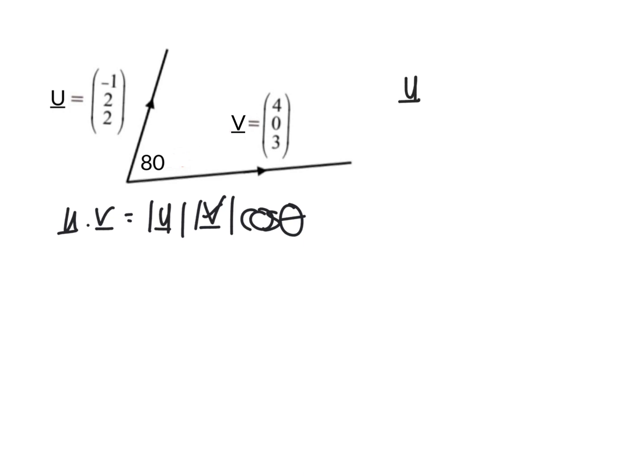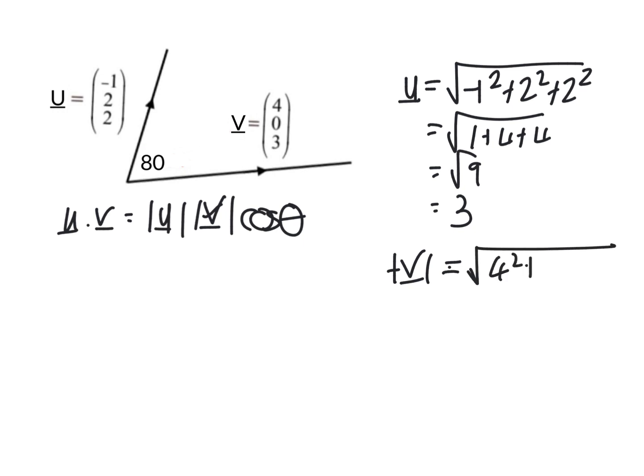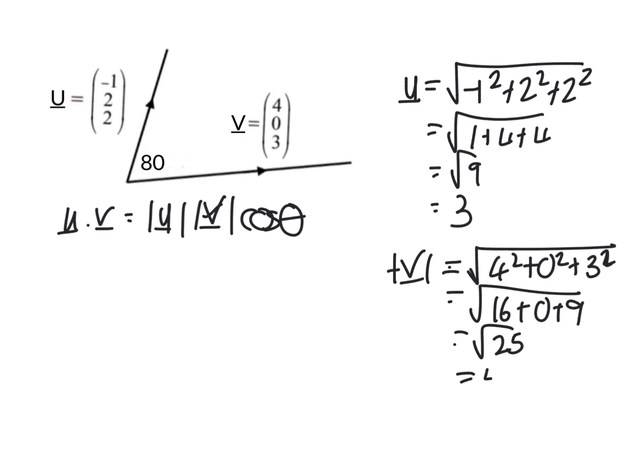So remember, the magnitude of U is just the square root of negative 1 squared plus 2 squared plus 2 squared, which will be the square root of 1 plus 4 plus 4, which is the square root of 9, which is 3. The magnitude of V will be the square root of 4 squared plus 0 squared plus 3 squared, which will be the square root of 16 plus 0 plus 9, which is 25. And we all know the square root of 25 is just 5.